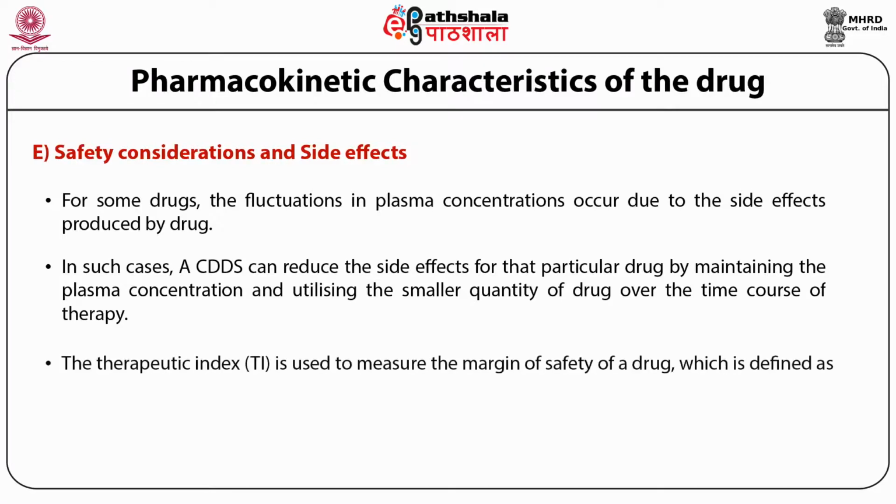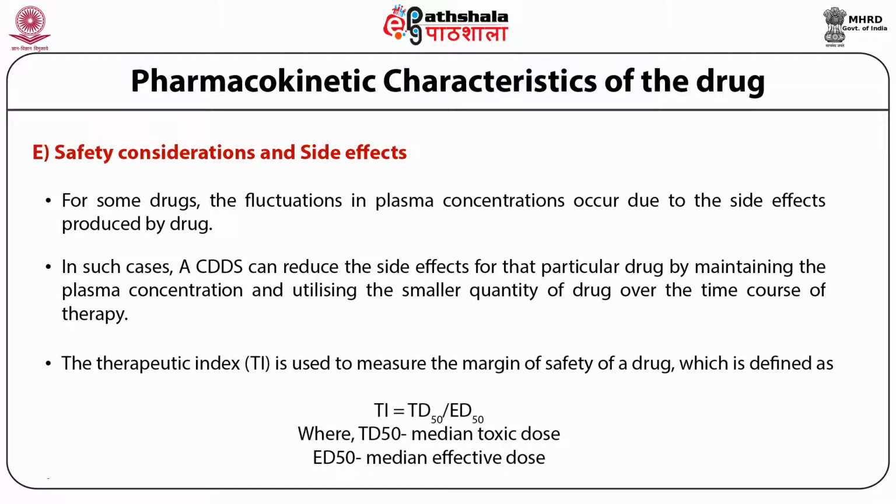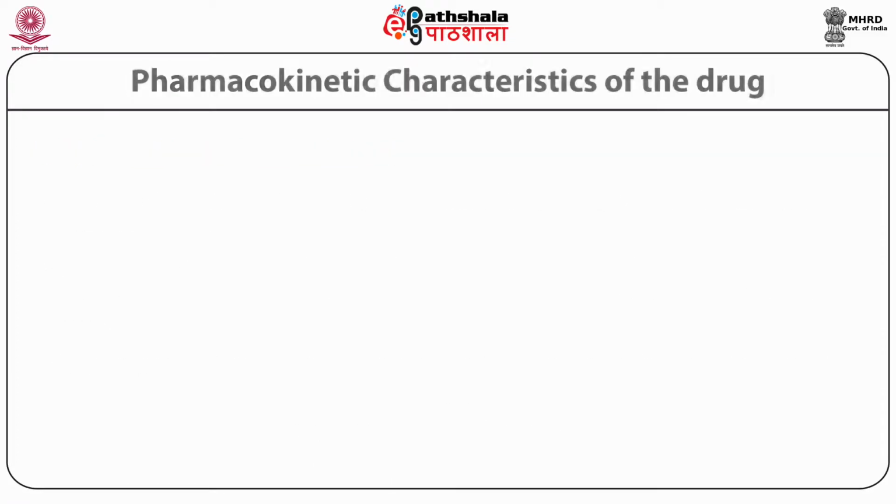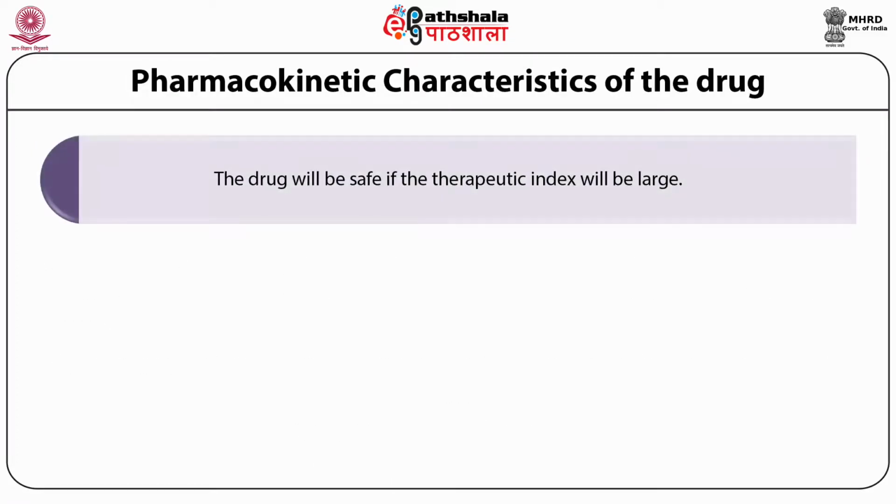The therapeutic index is used to measure the margin of safety of a drug, which is defined as TI equal to TD50 divided by ED50, where TD50 is referred to as the median toxic dose and ED50 is the median effective dose. The drug will be safe if the therapeutic index is large.